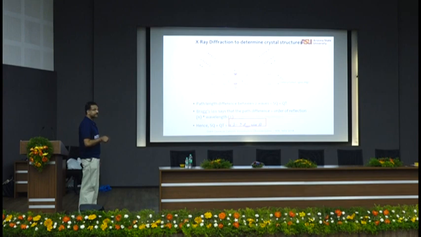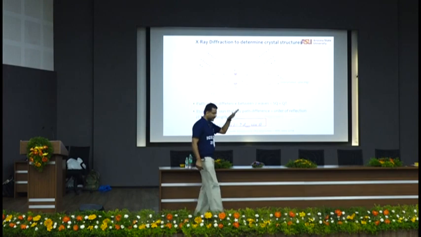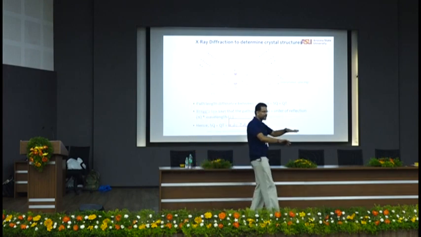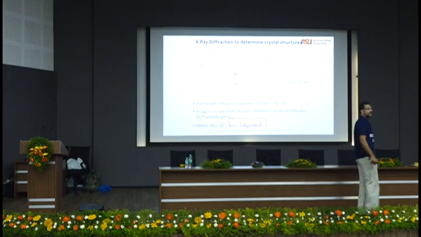This is d sine theta, that's d sine theta, right? So if I have 2 waves hitting a crystal at 2 different layers of atoms, the extra path length that the second ray will have to travel is 2 times the interplanar distance times the sine of the angle of diffraction: 2d sine theta.